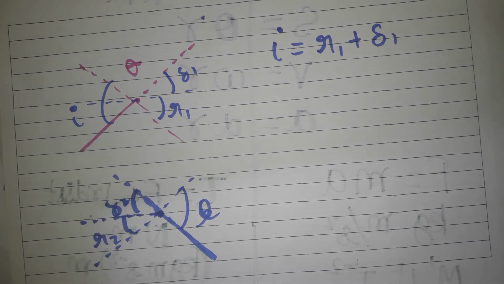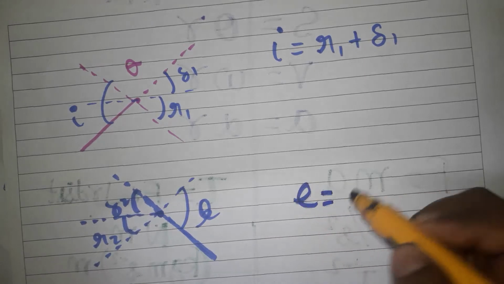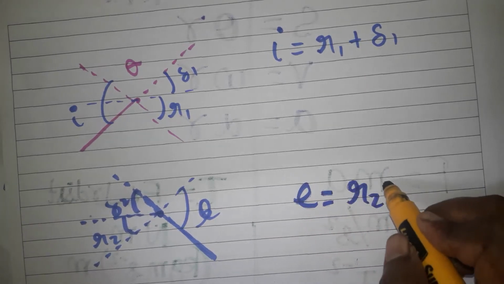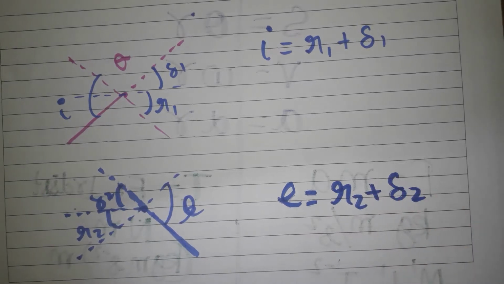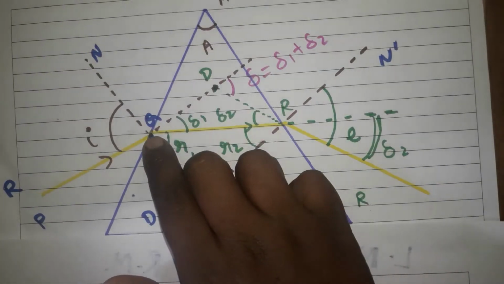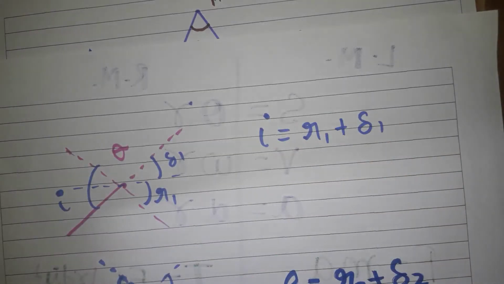This is a very simple derivation only. It looks big but actually it is very simple. So emergent is equal to refracted 2 plus deviation 2, R2. We got two equations, one from Q, another from R.